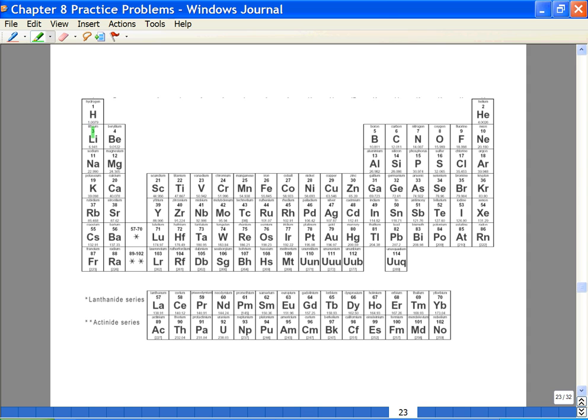Lithium is right here. Nitrogen is right here. And fluorine is right here. So we want to know if the valence electrons are in the same shell.